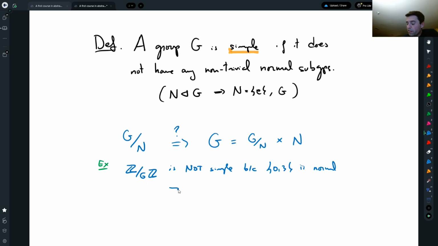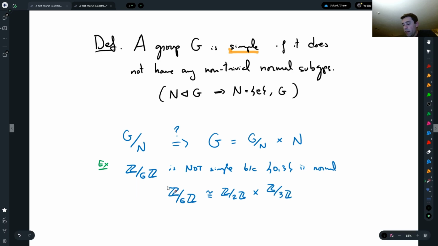We know that Z modulo 6 is isomorphic to Z modulo 2 cross Z modulo 3, and the quotient by this subgroup is isomorphic to one of those factors. So it is not simple, and in fact the quotient appears in a direct product factorization of Z modulo 6.